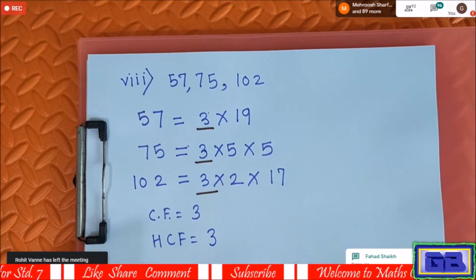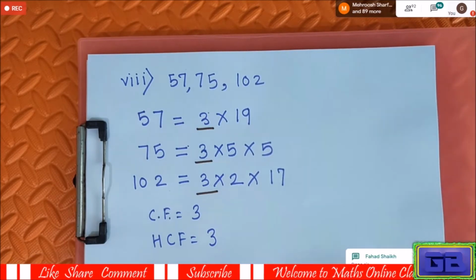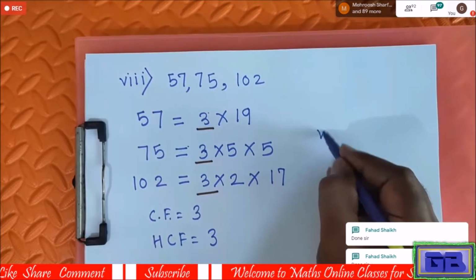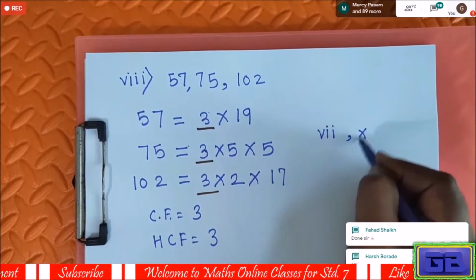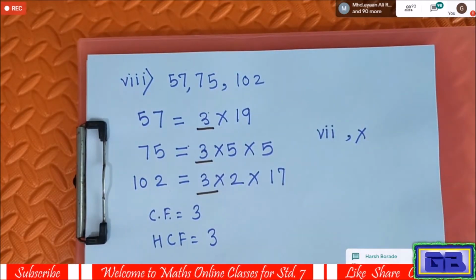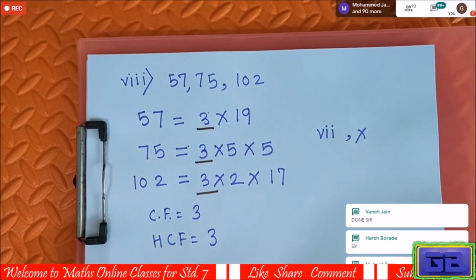Seventh sum and 10th sum, you take for homework. 7th and 10th. Now write down question number 2.